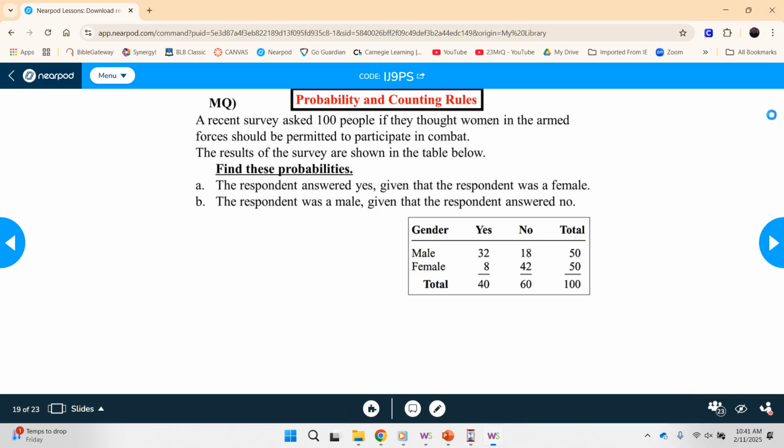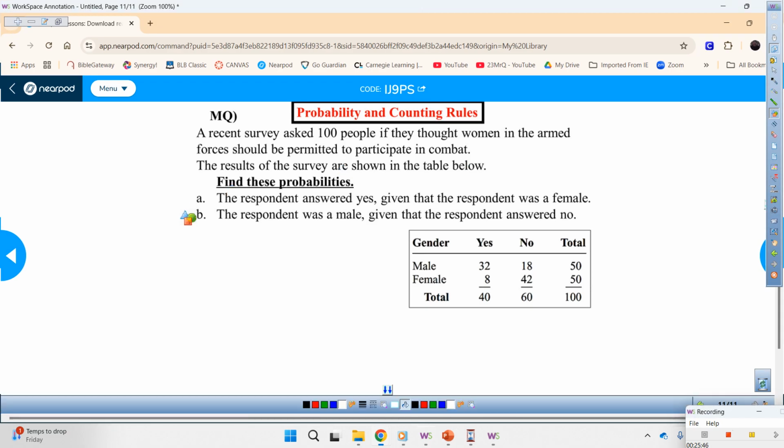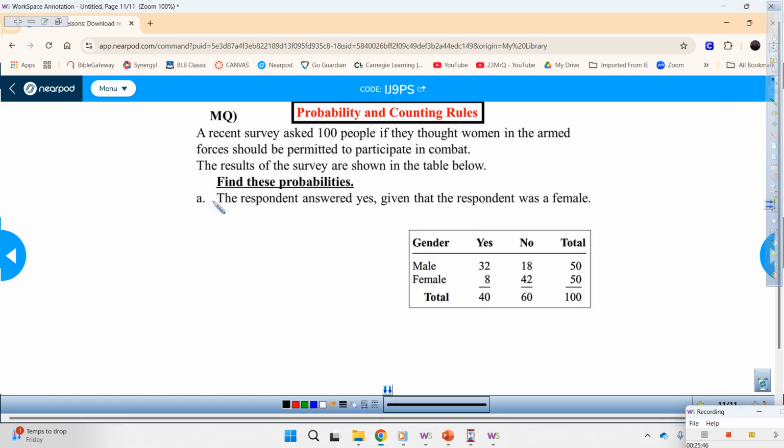And we're going to do part A together. Copy the table and then copy the words for part A. I'll give you some time.